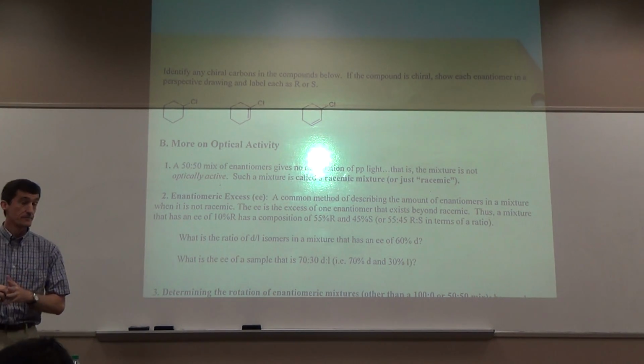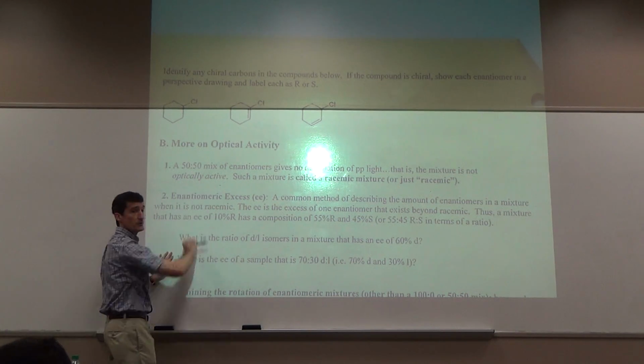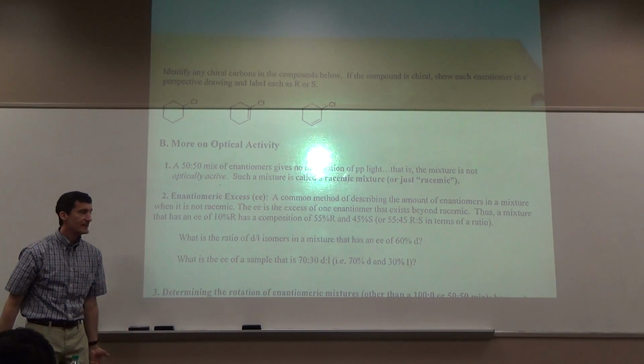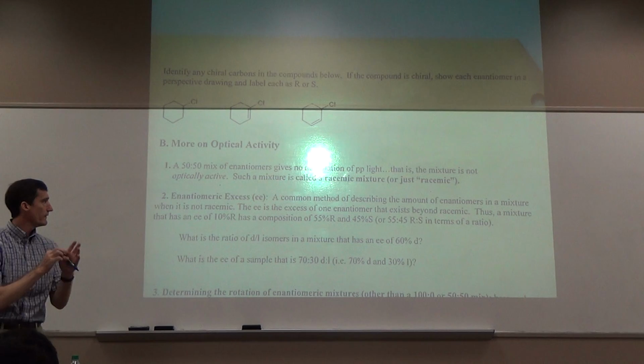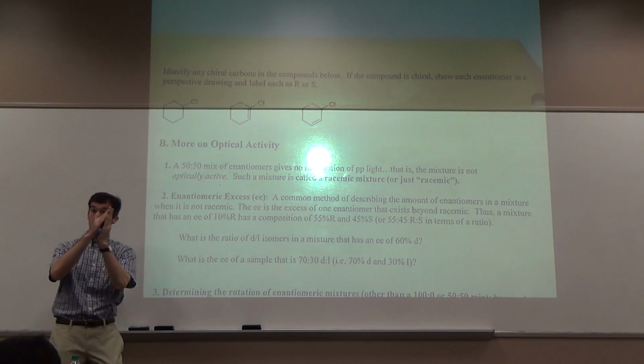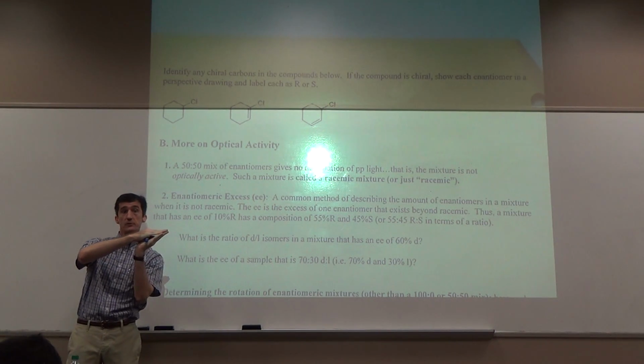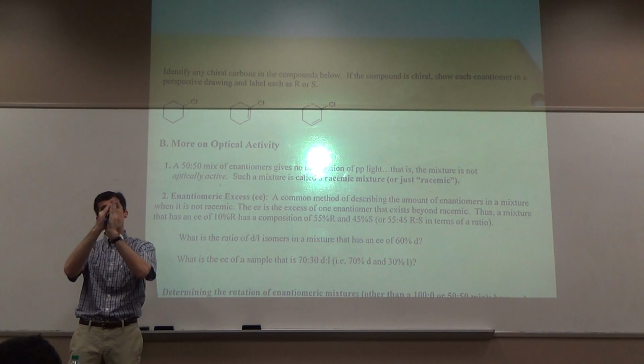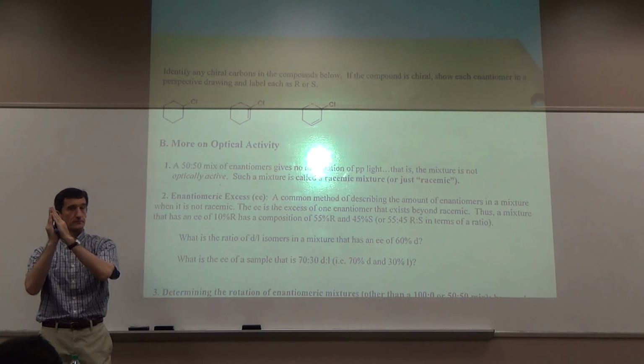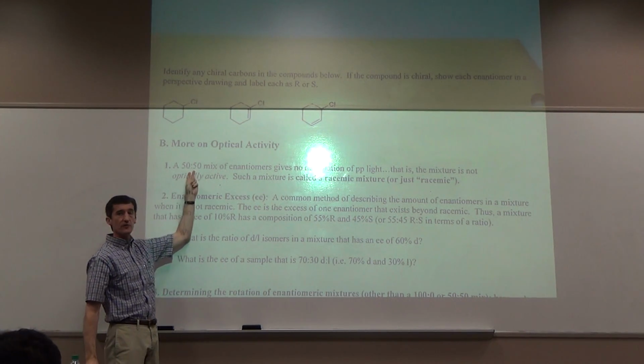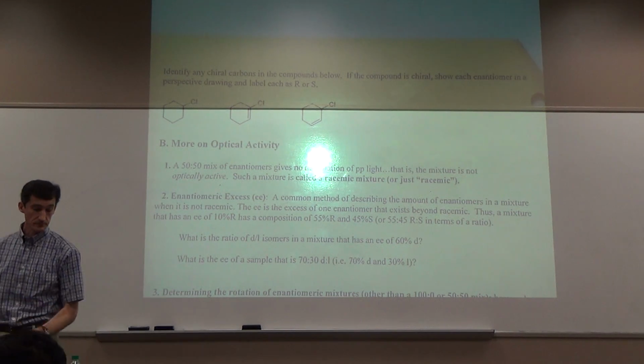What happens is half of it rotates one way, but the other half rotates just the opposite, right back to zero. And so these cancel out and you get no net rotation.